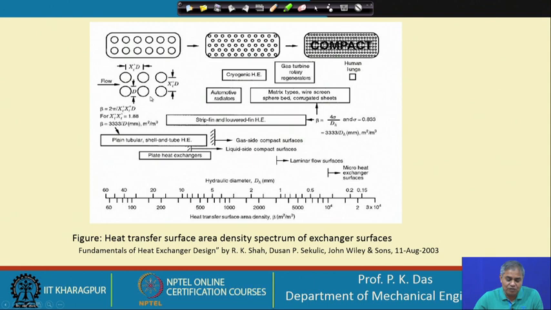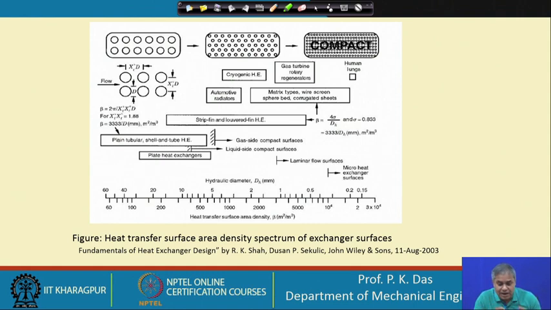Some details of the geometry have been shown here: XT, XL, and D. These are the pitches between two tubes in the two directions, and D is the diameter of the tube. From elementary geometry we get beta with this particular relationship. So, knowing the geometry of the heat exchanger we can calculate beta.